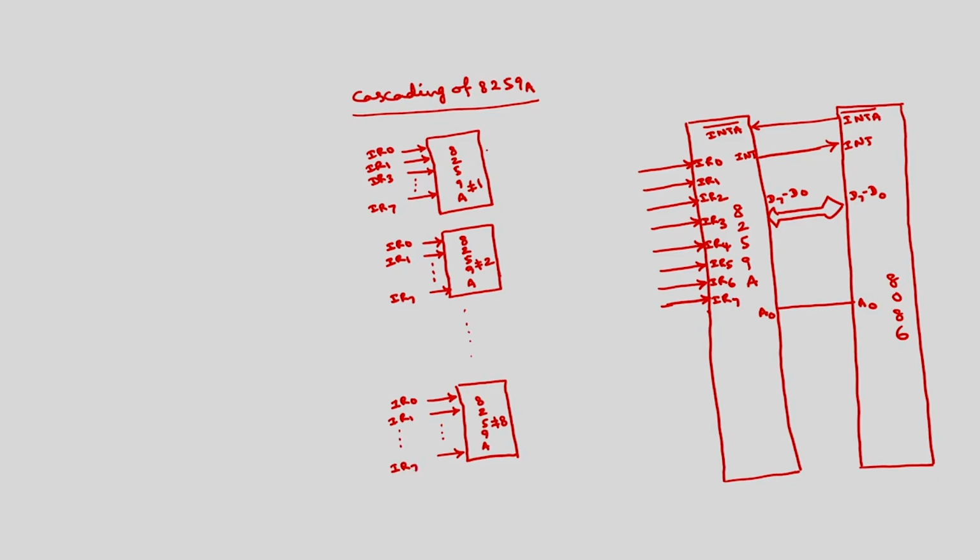Now each 8259A has one INT. This INT will be connected to IR0, or to any of the IRs, of the 8259A master. This is called the master, and these are all called slaves.